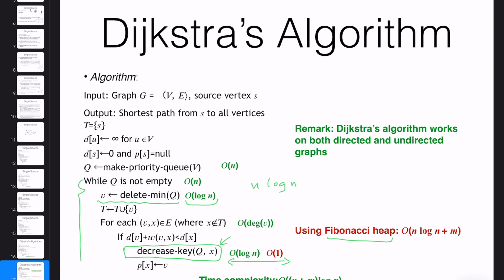So you are just getting rid of the cost of updating the distance over the nodes inside your priority queue. So the total time complexity will reduce to n log n instead of m log n.